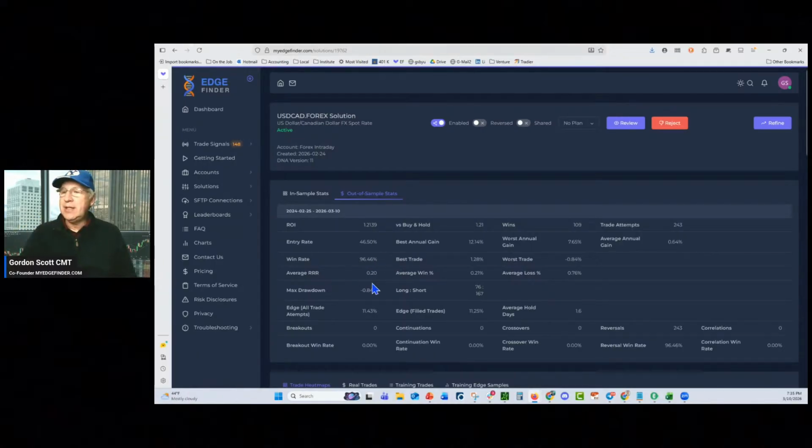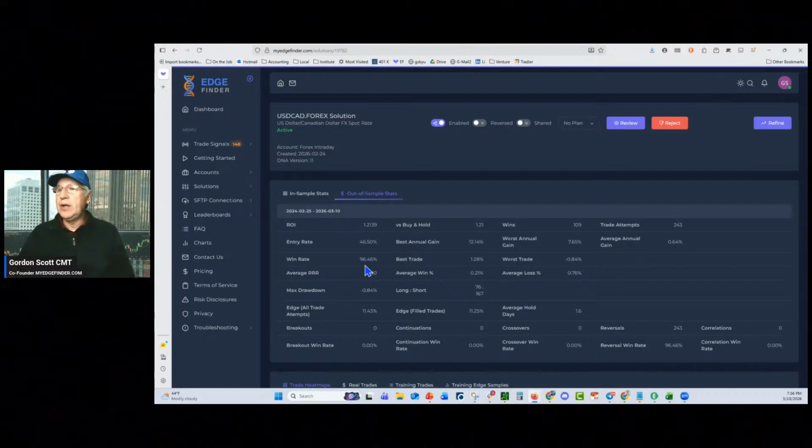What that means is if you lose, you lose, like in this case, 100 pips. If you win, then you win 20 pips. So that thing you should win 80% of the time. This thing wins 96% of the time.